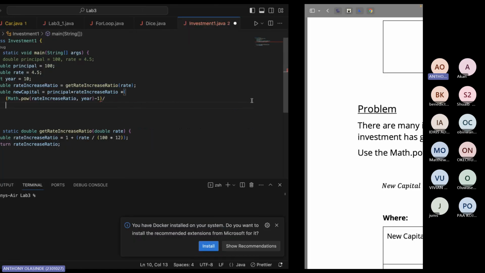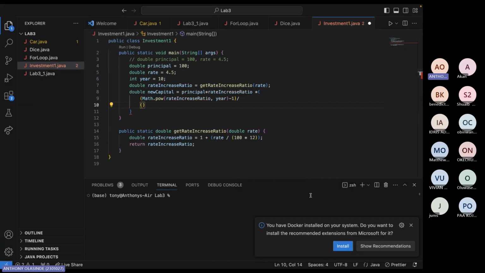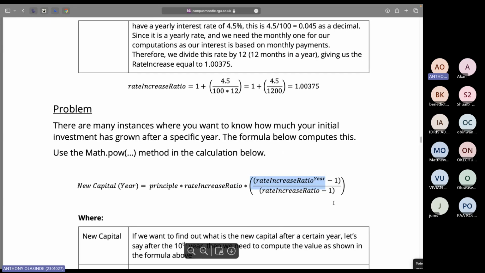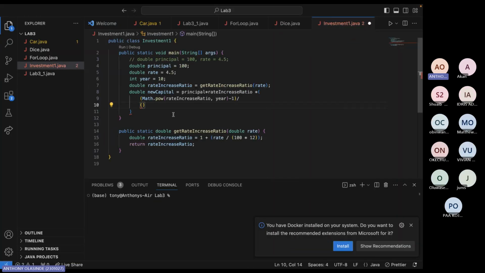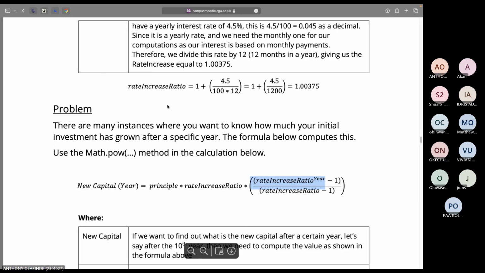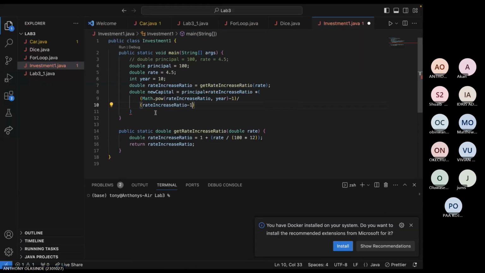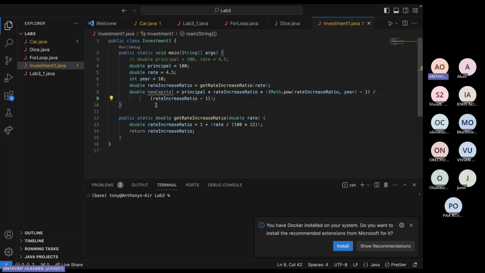Divide, then another bracket, because if you don't put a bracket, then there might be some problem with this. It might split these things. So once you have a group of things, just put them in brackets. So you have rate increase ratio minus 1, and that's it.